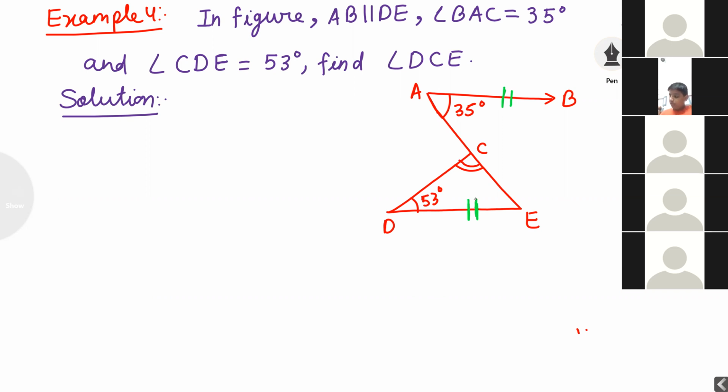If both lines are parallel, then I can say angle DEC, this angle, is 35 degree. Why? Alternate interior angle, Z forming. Note down. Angle CED is equal to 35 degree. Alternate interior angle.